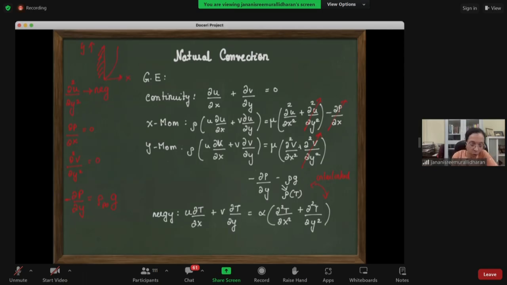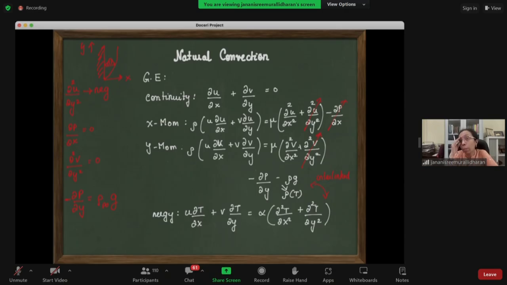So the first approximation I say is, for u in the y direction, the second derivative of u, the Laplacian of u, is negligible, very negligible, correct? Because your flow is happening here, agreed. But is there a change in the velocity profile as you move up? Not significant, not in the y direction.